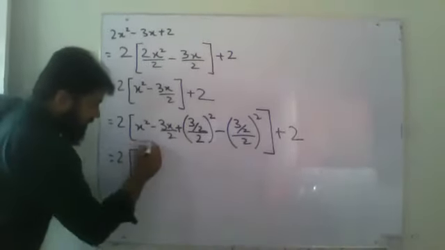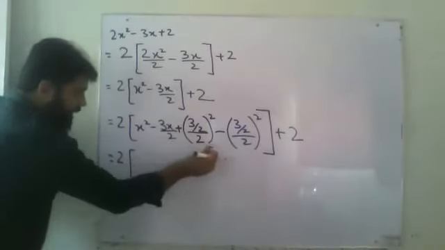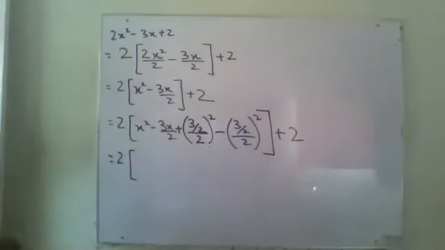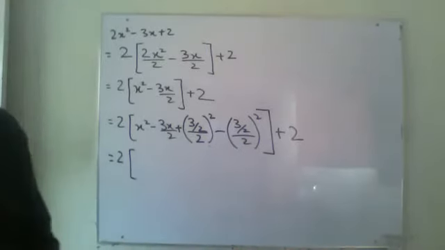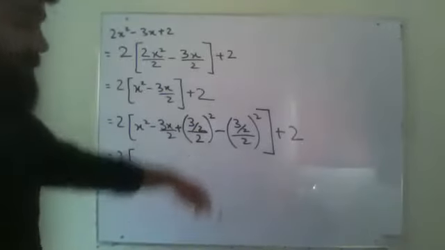Now these three things. Before going for that, I am simplifying whatever I can simplify inside the bracket, but you will not apply your square. You will only simplify whatever is written inside the bracket.